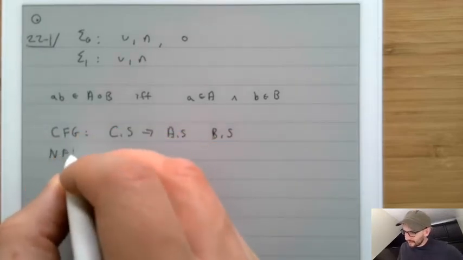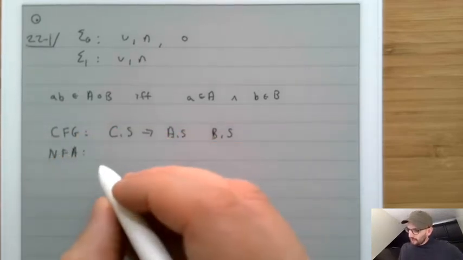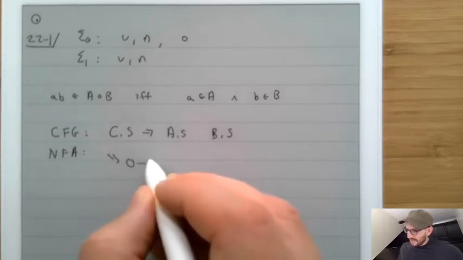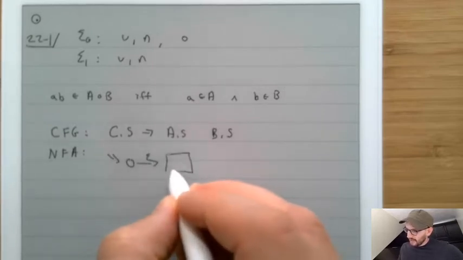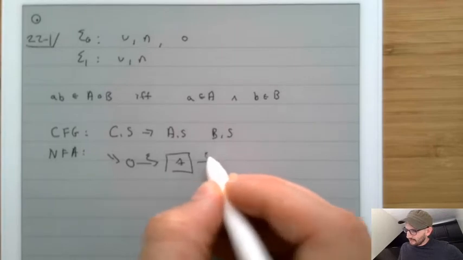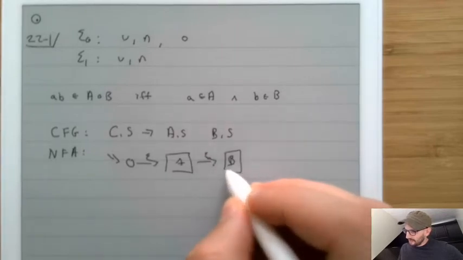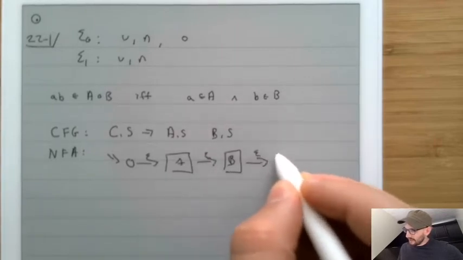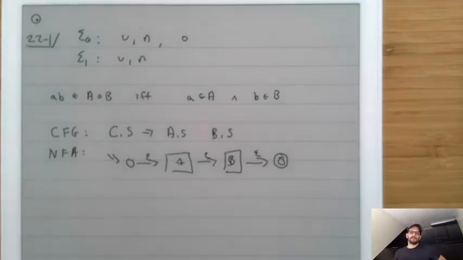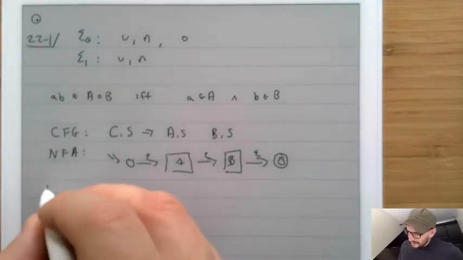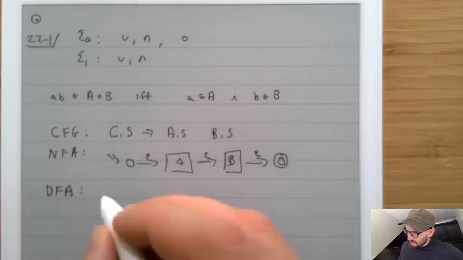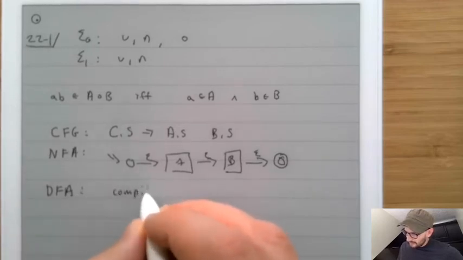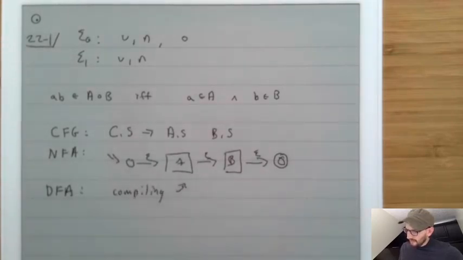Now with NFAs, we could make a machine that has an epsilon transition to A, which has an epsilon transition to B, which then has an epsilon transition to the accept state. That was really straightforward to do. And then we got the DFA version of this by compiling the NFA. Okay? But we want to do the same idea with Turing machines.